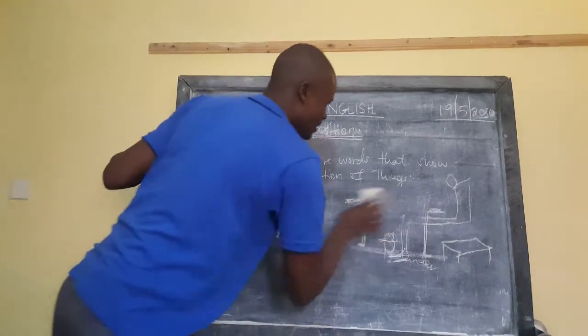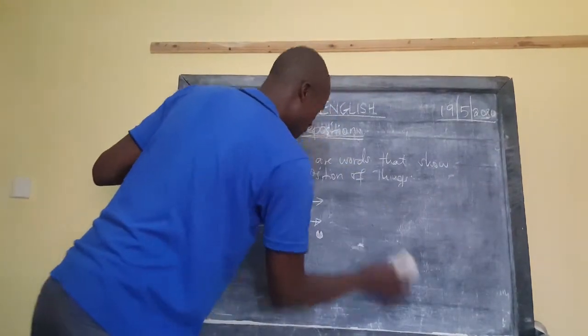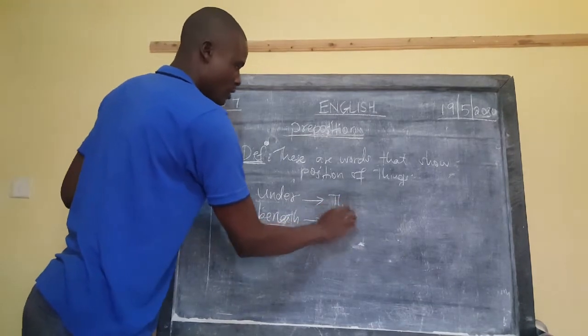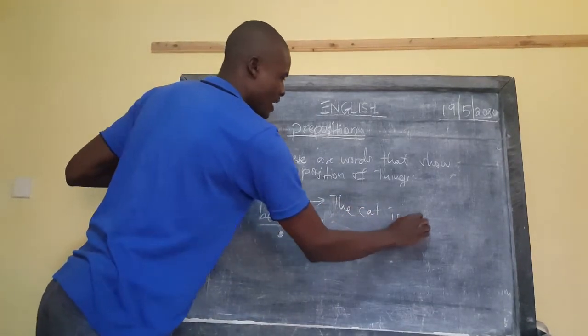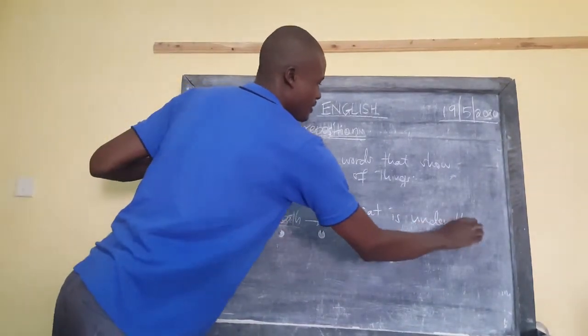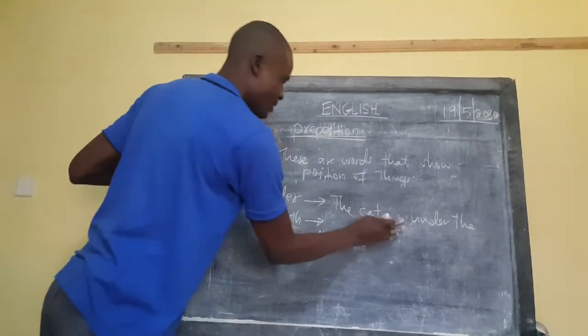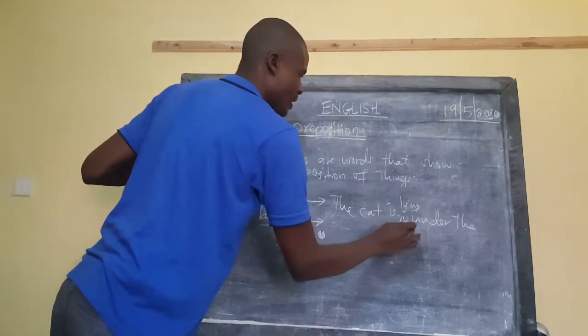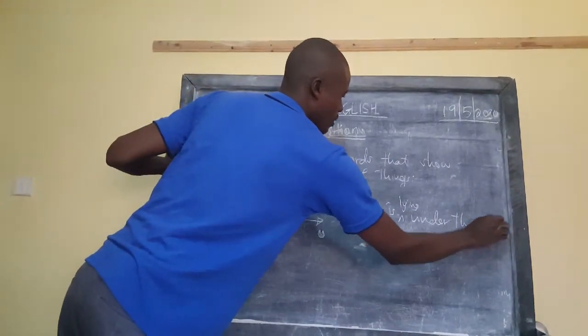So I've explained that. Just to give an example: the cat is lying under the table.